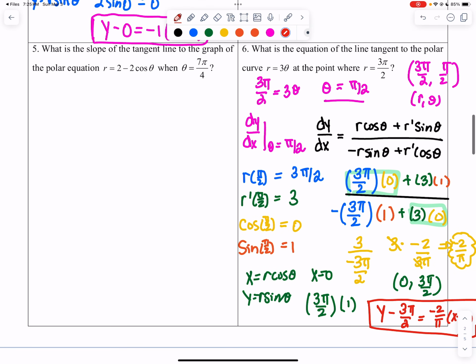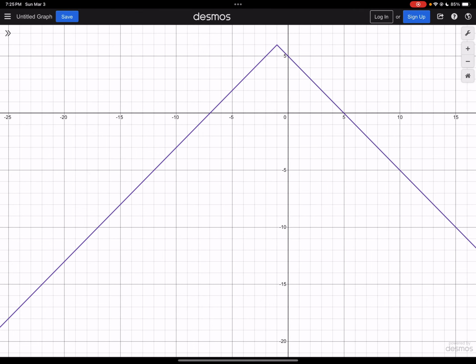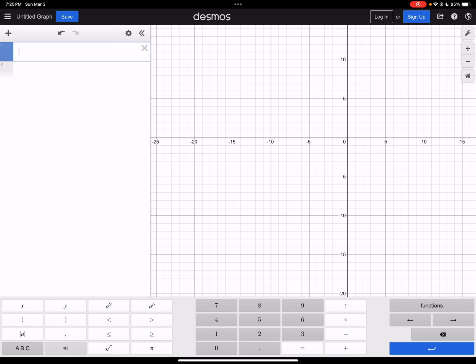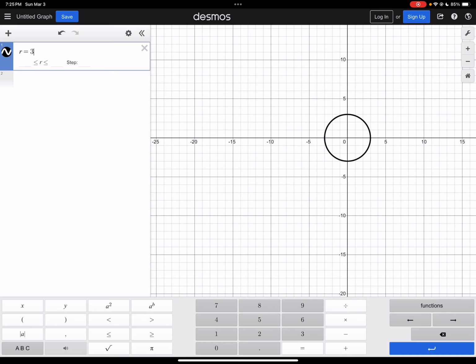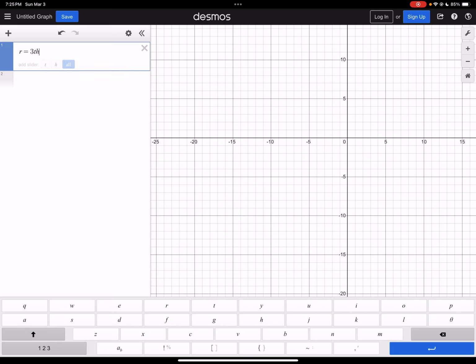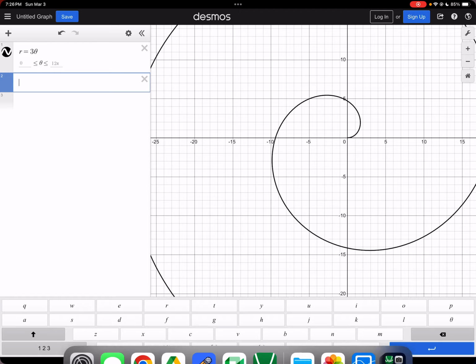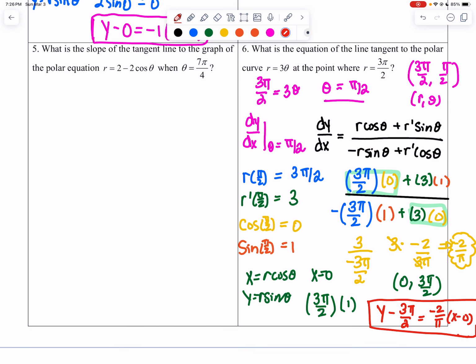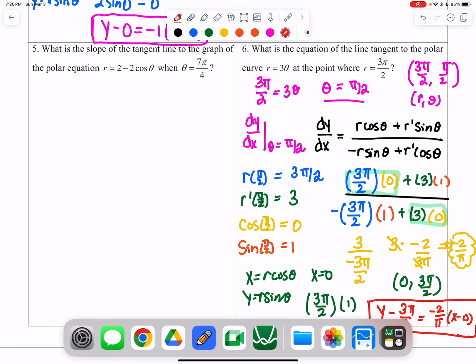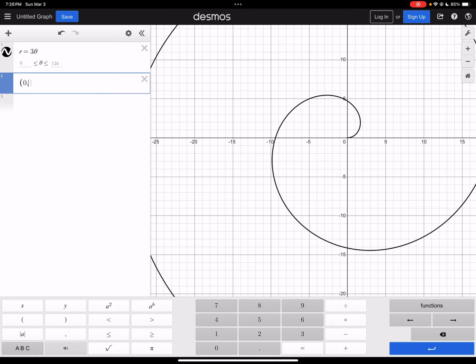Of course, let's go ahead and visualize this. So what I'm going to do is put this on Desmos. So here, r is equal to 3 theta. And we want the point, the rectangular point of (0, 3 pi over 2).